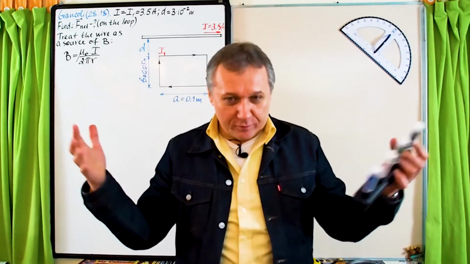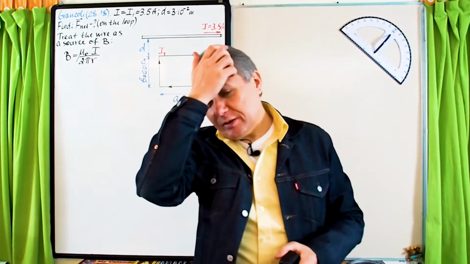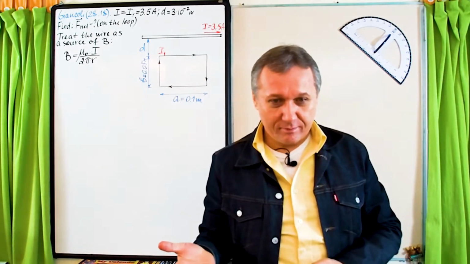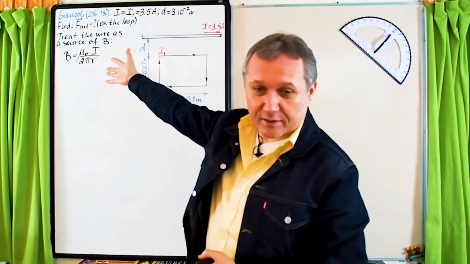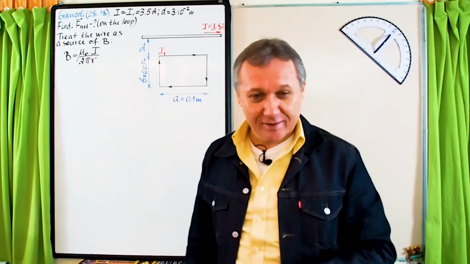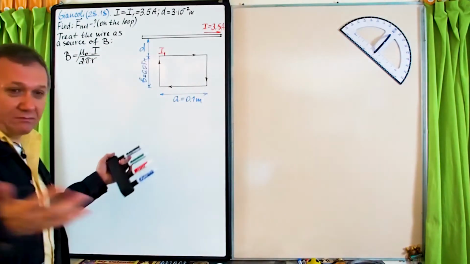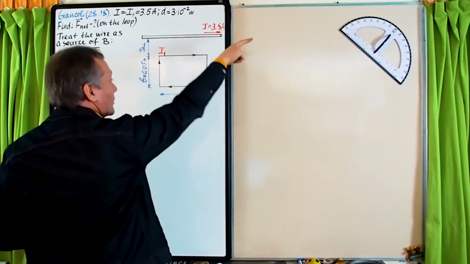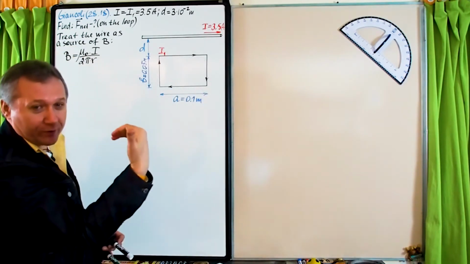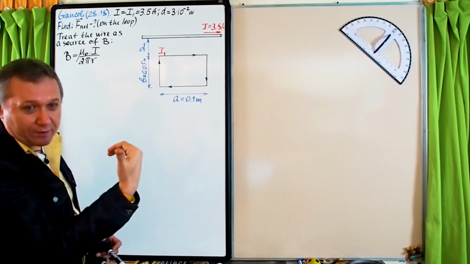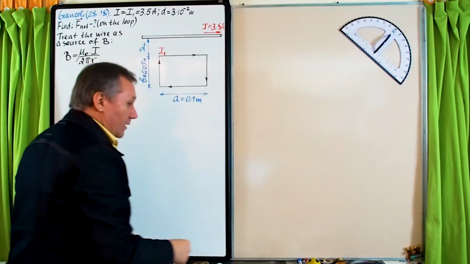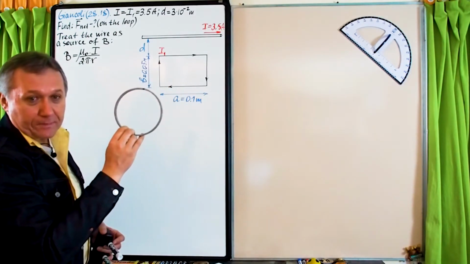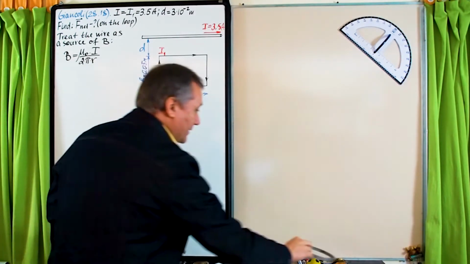Now, of course, we will also need to know the direction of this magnetic field, because that is the magnitude, the strength. So direction, easy. Right-hand rule number 2, you remember: outstretch your thumb in the direction of the current, and your curled fingers give you the direction of the magnetic field lines. And we remember that magnetic field lines of an infinitely long straight wire are circles centered on the wire.